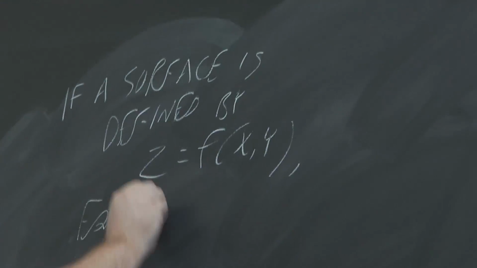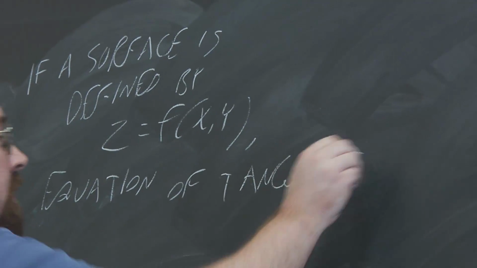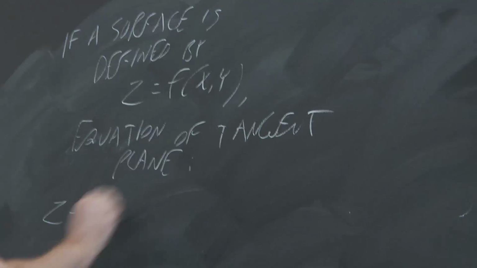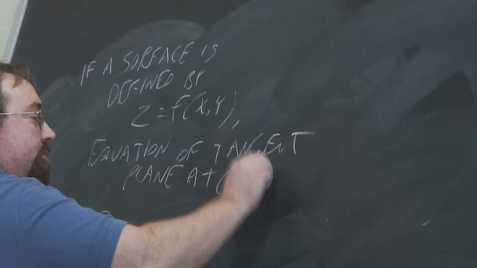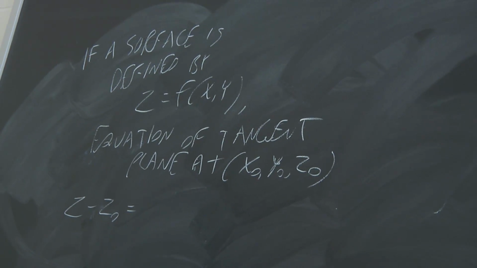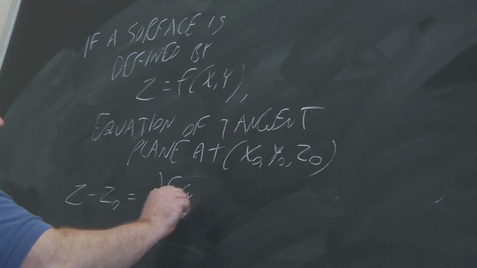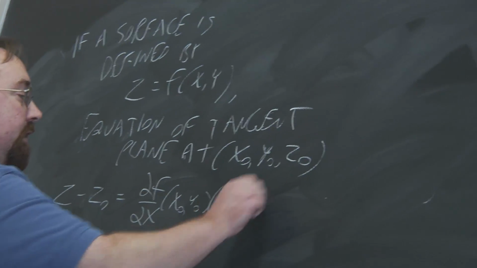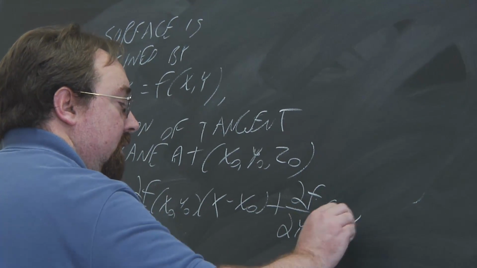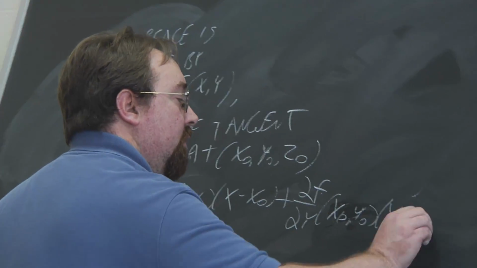So what we had back then, the equation of a tangent plane at a particular point, z minus z naught, is df dx times x minus x naught plus df dy at that point times y minus y naught.